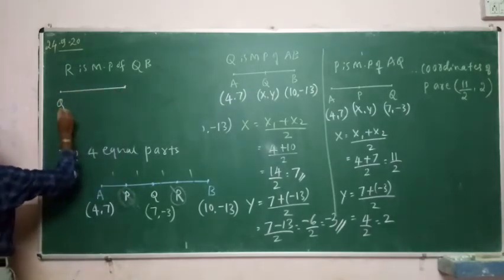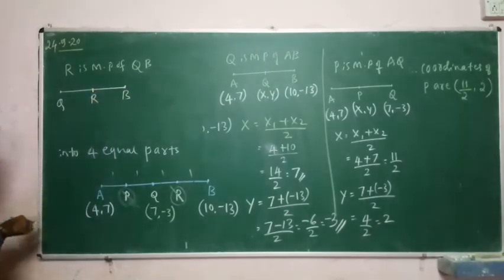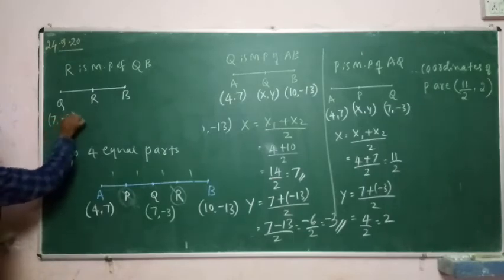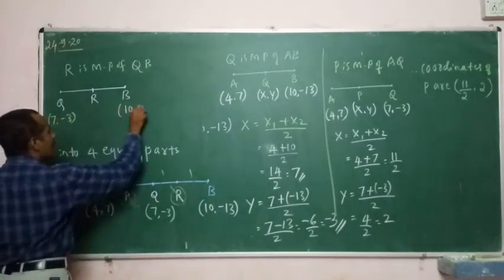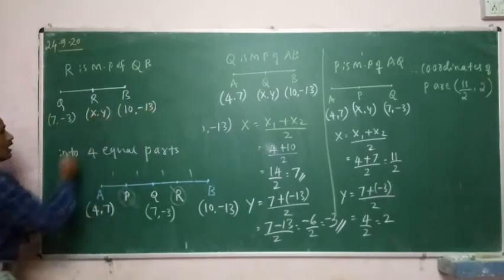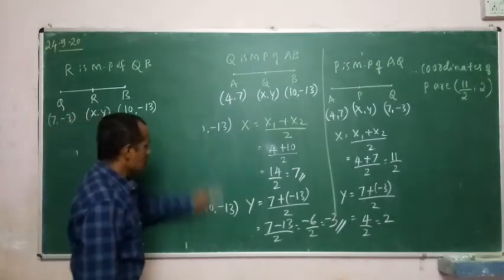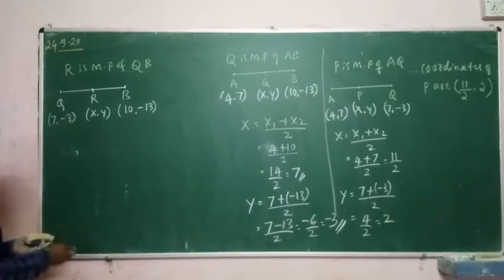This is Q, this is B, this is R. Coordinates of Q are 7, -3. Coordinates of B are 10, -13, and this is x and y. I can solve it very easily. You can also try yourself.